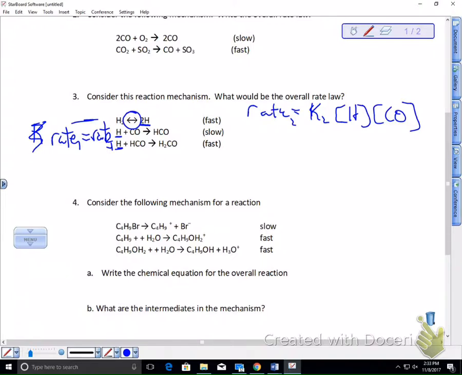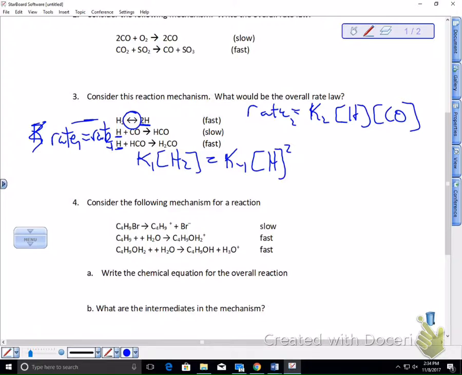So I could write the rate law for the hydrogen being consumed as k1, concentration of H2, all right, unimolecular, equals k-1 times the concentration of H, bimolecular, so exponent 2.